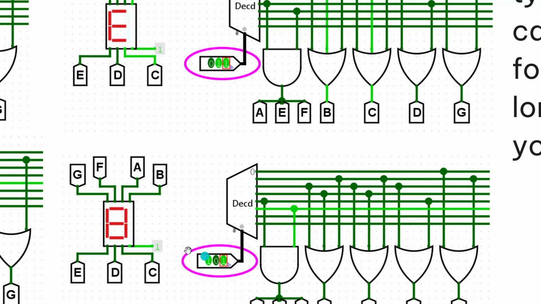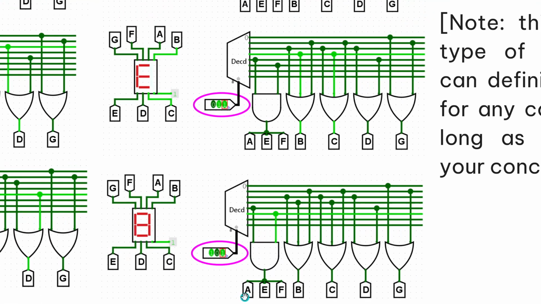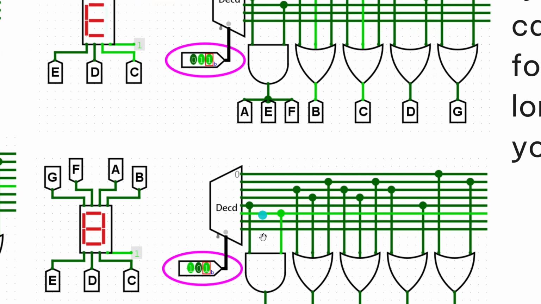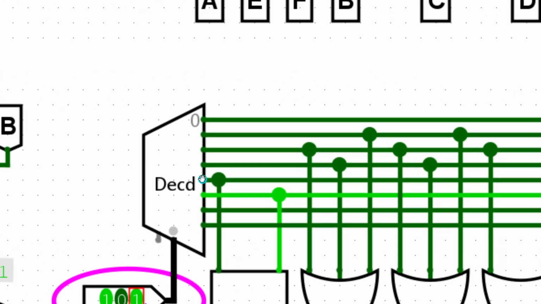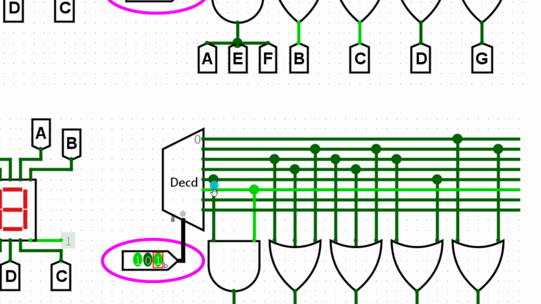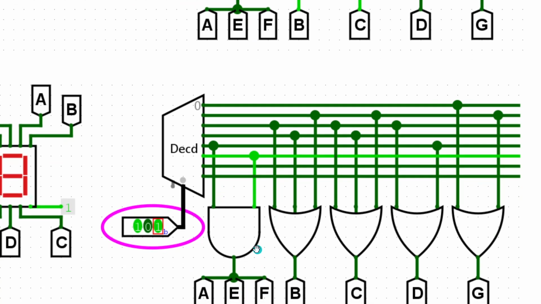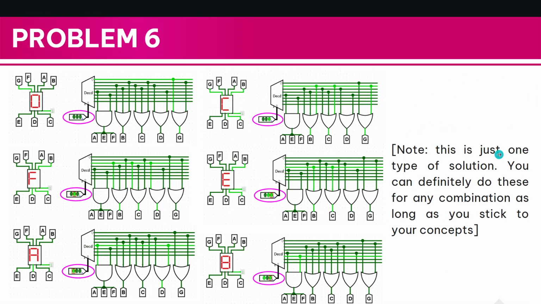So what I did was everything that wasn't used, the A, E, and F segments, I just connected them to an AND gate because they would never be enabled, because these two would never be 1 at the same time. And why? Because they're in different sections. So the only time that A, E, and F would be 1 is if this node here was connected at the same node here.